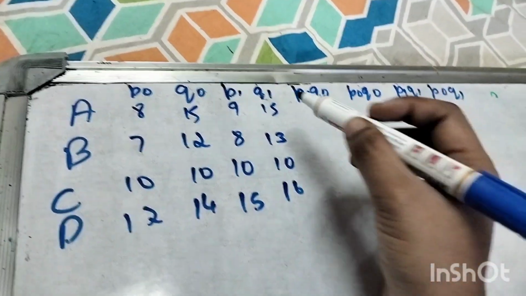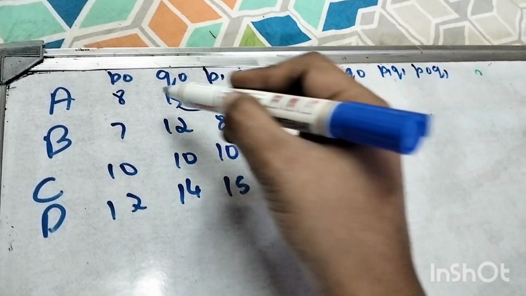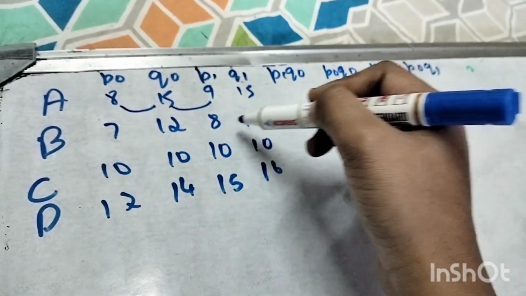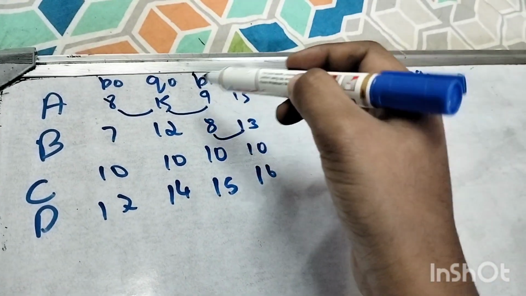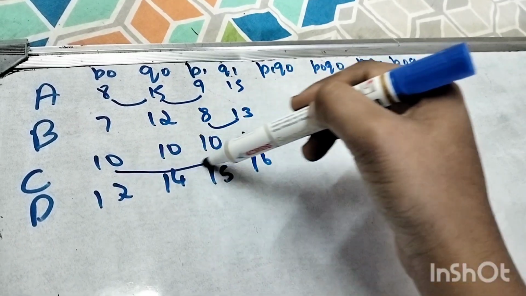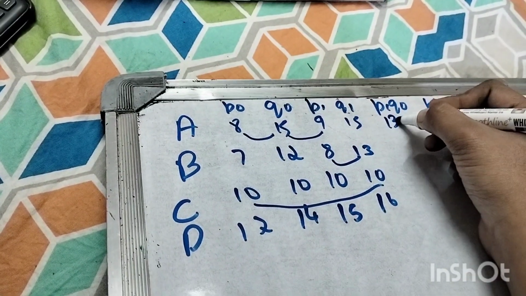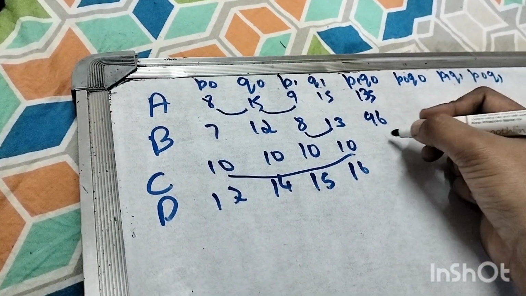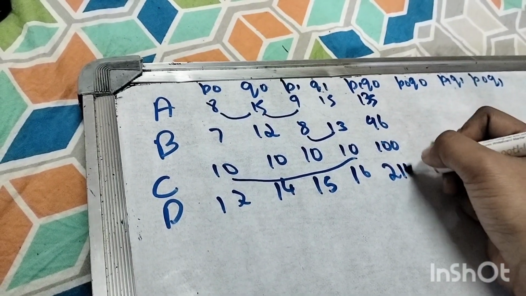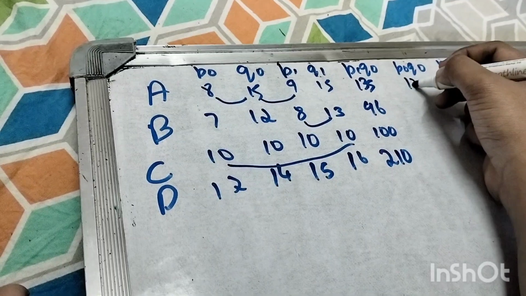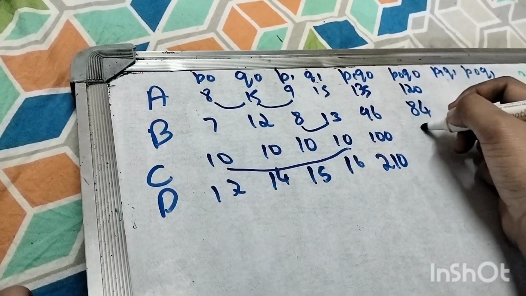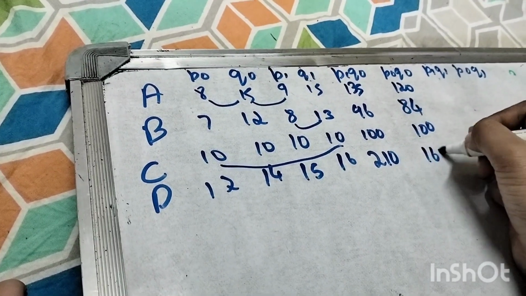So P1 Q0, multiply these two. P0 Q0, multiply these two. P1 Q1, multiply these two. P0 Q1, multiply these two. Let's fill in the values. P1 Q0: 135, 96, 100, 210. P0 Q0 is 120, 84, 100, 168.